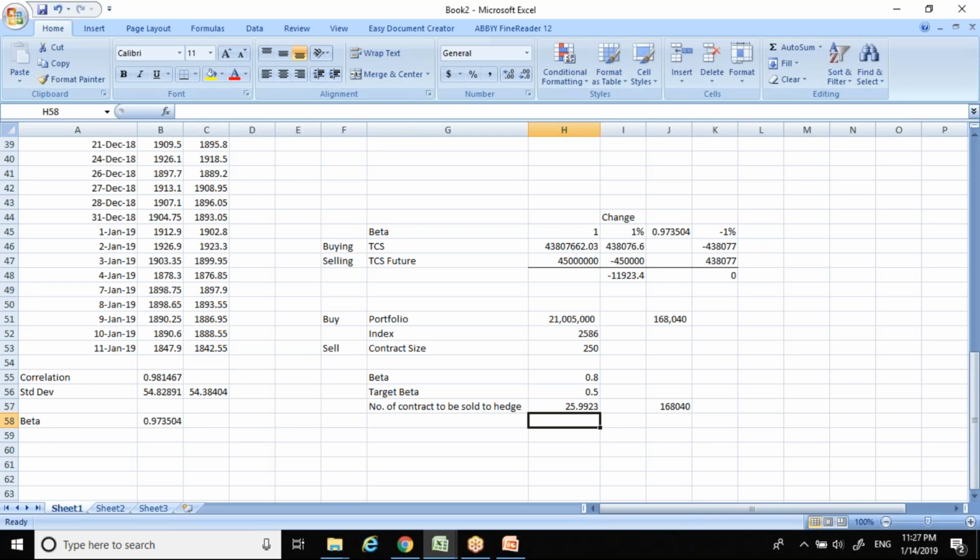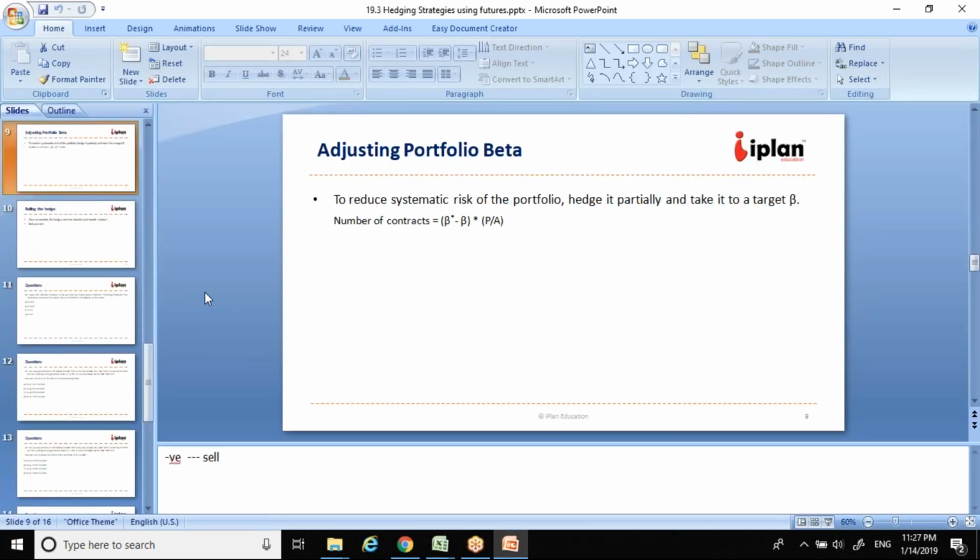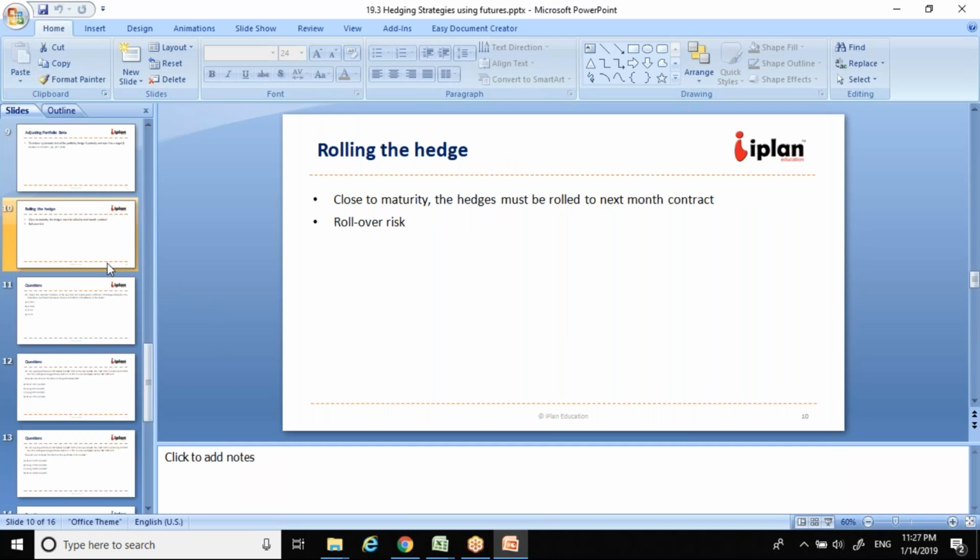So instead of keeping the entire beta as a multiplier, I keep the target beta and multiply it, and I keep my portfolio partially hedged. That is the concept of adjusting the portfolio beta.